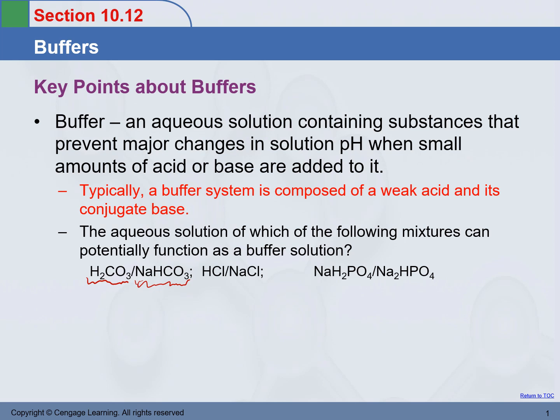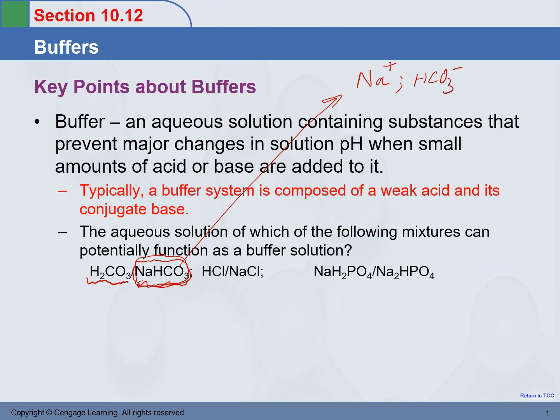We all know that when a salt is dissolved in water, it does not stay as a salt. Each salt formula will dissociate into individual ions. So when you dissolve sodium bicarbonate in water, it will break up into sodium ion and bicarbonate ion.